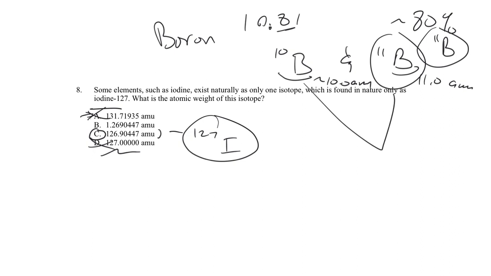Now let's look back at this boron example, because I don't think there's another math example in here for atomic weights. What if we wanted to calculate that number precisely? What if knowing 80% roughly wasn't good enough? What we can do is use the equation that the average atomic weight would be equal to the fraction of the lower isotope, the fraction of the boron 10, times the atomic weight of boron 10, plus the fraction that's boron 11 times the atomic weight of boron 11.